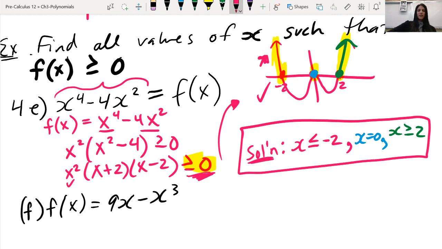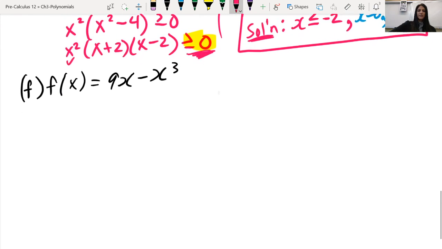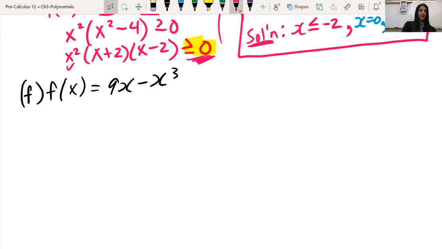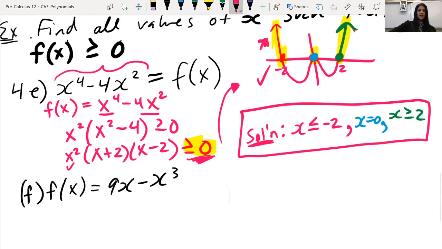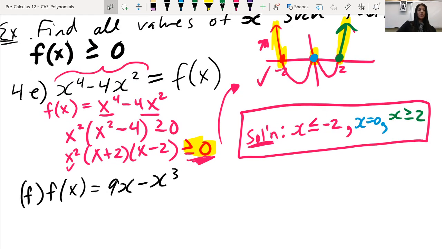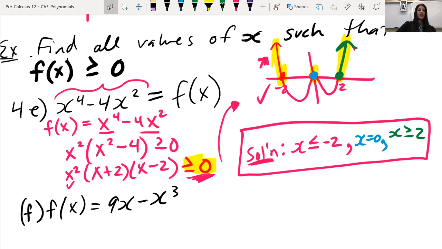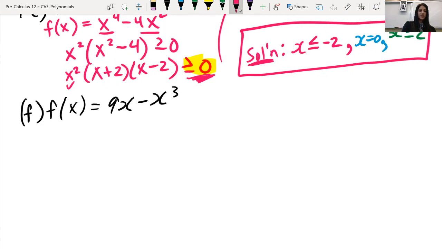Okay, so just really quickly, because I think this is pretty much the same thing, this is also part of the same question. We want to know all of the x values such that f of x is greater than or equal to 0. So we can start by factoring this out as well, just like the other one. We can pull out an x, and then we have 9 minus x squared, and we want that to be greater than or equal to 0.